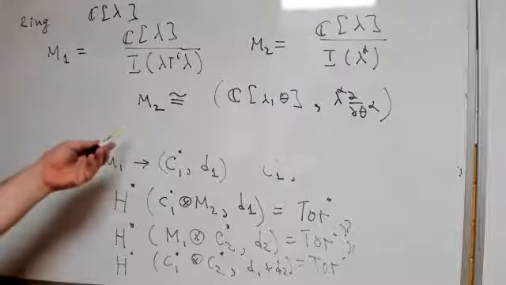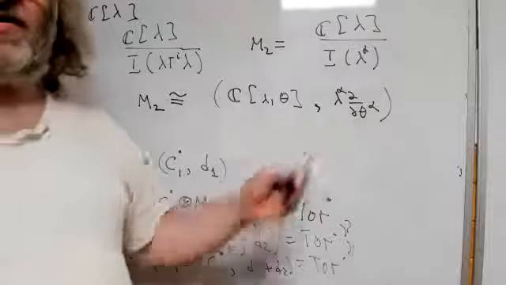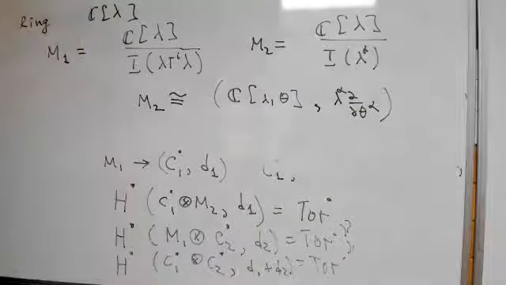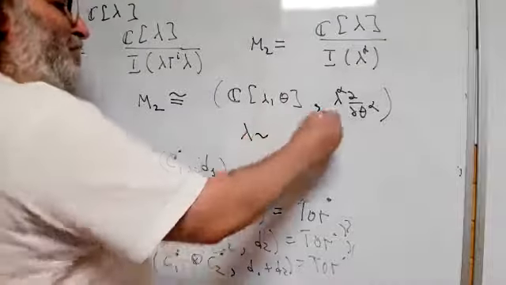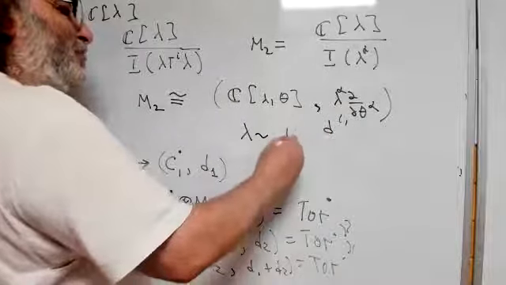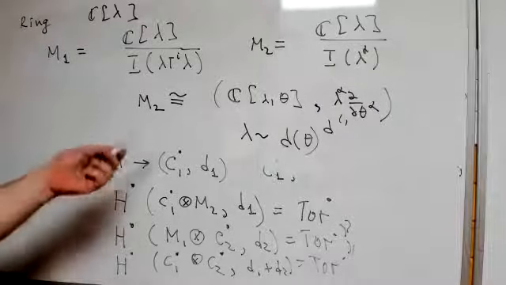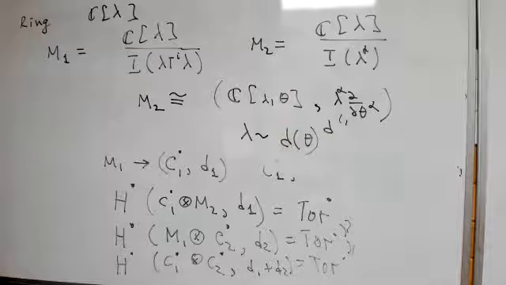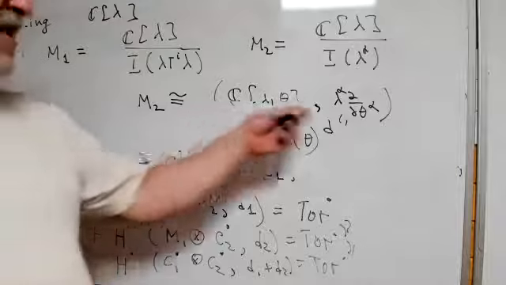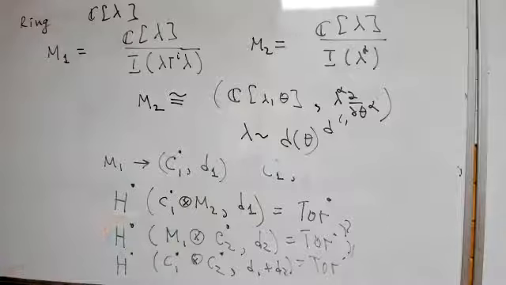First, let us see that there is such an isomorphism. Actually, lambda is equivalent to d of theta. So that's why all lambdas, so first of all, lambda acts here, and its action is trivial.